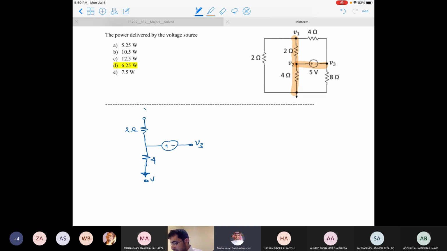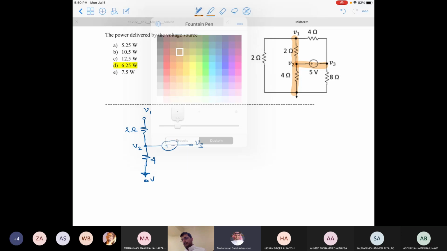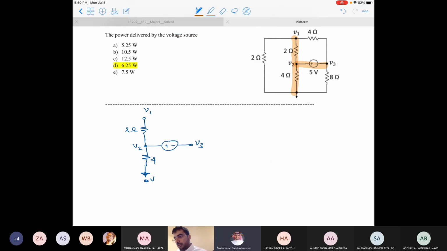I just took that portion and magnified it, to give myself enough space to work the problem. Now, in order to find the current, I need to apply KCL here. If I call this one I1, I2, and let me call this one IS.